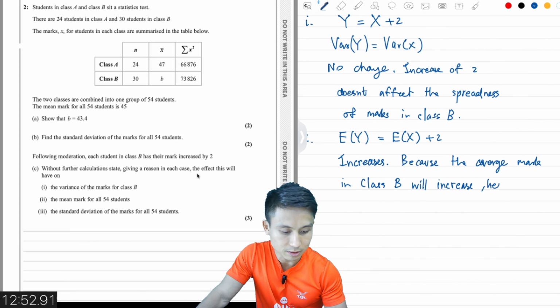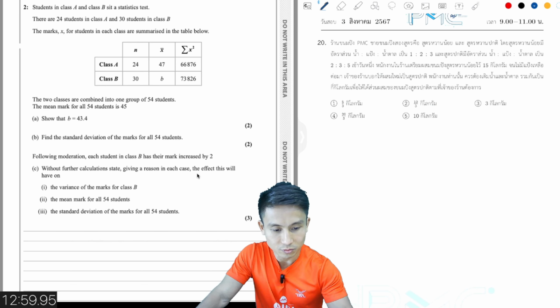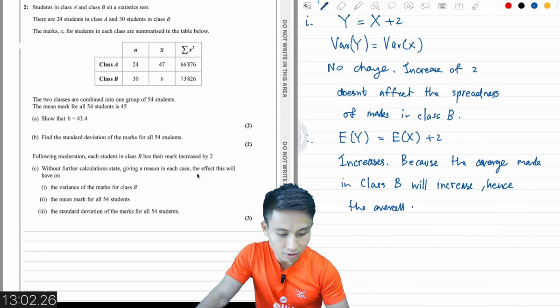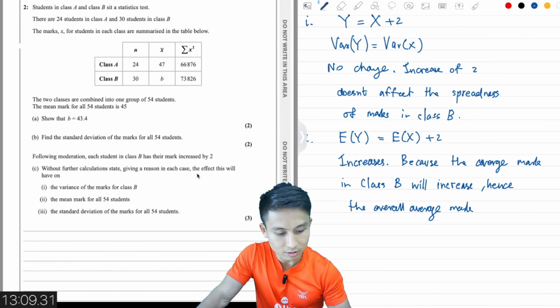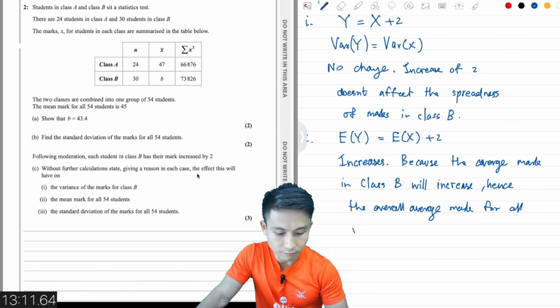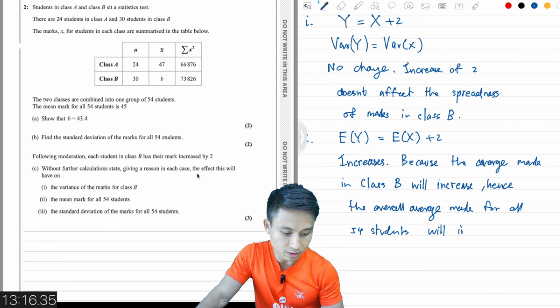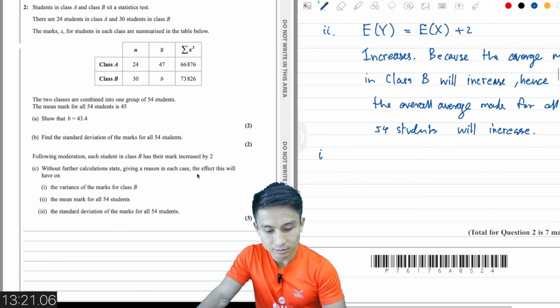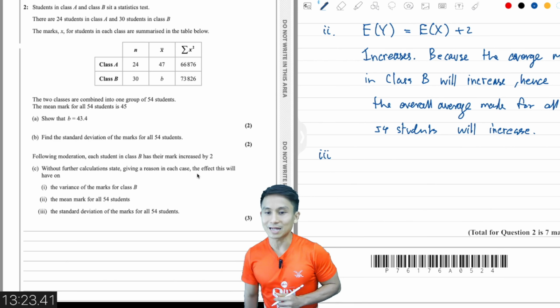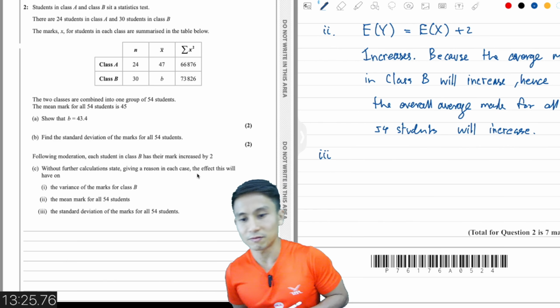Hence the overall average mark for all 54 students will increase. Yeah, simple, right? Not complicated. And part III, the standard deviation of the marks for all 54 students.